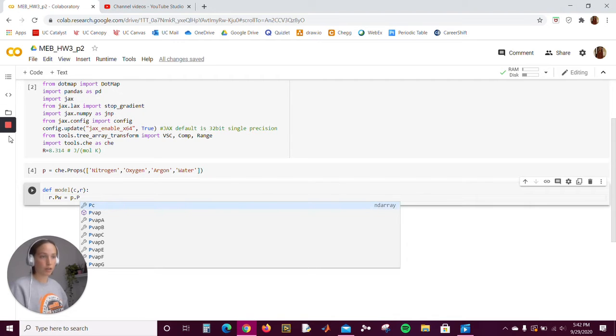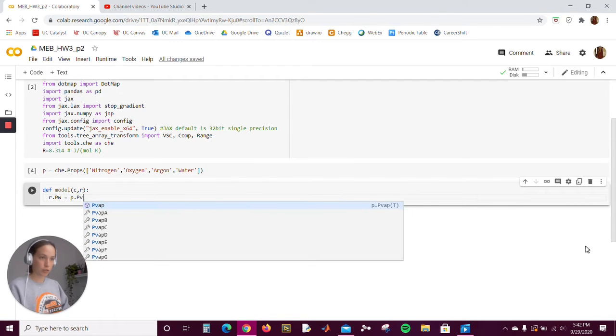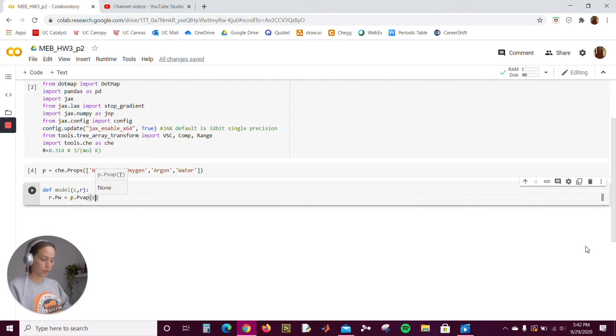And then P dot signifies this P up here. So vapor pressure is PVAP, C dot T, which we will define down the road, it's going to be a specific temperature value. And then index 3, because Python index 0, 1, 2, 3, and our 3 here is water.